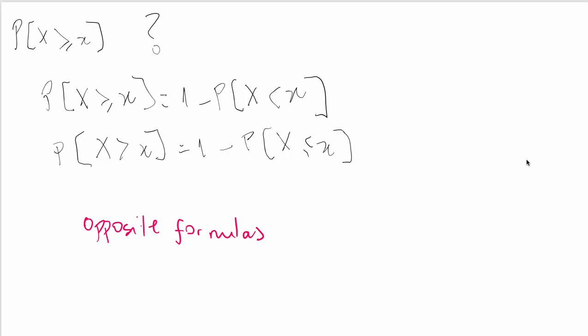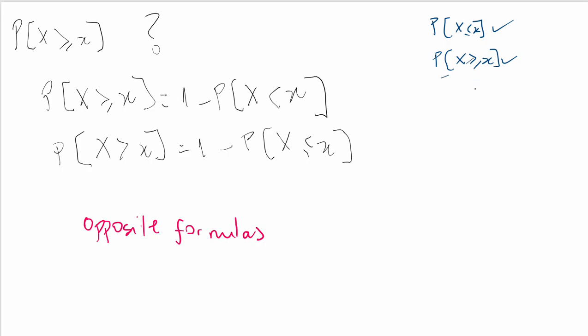Now, when I told you guys that the CDF actually helps us answer questions of, oh, what's the probability of something being less than or equal to something? That's true. What's the probability of things being greater than or equal? That's also true.